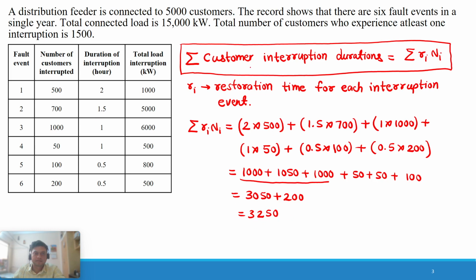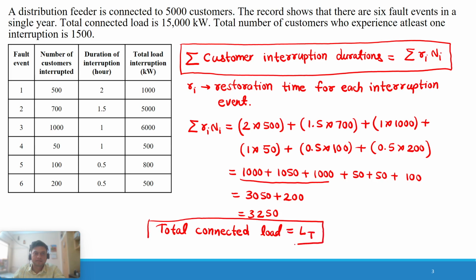And another data given in this problem is the total connected load, which is 15,000 kilowatt. We denote this as LT.